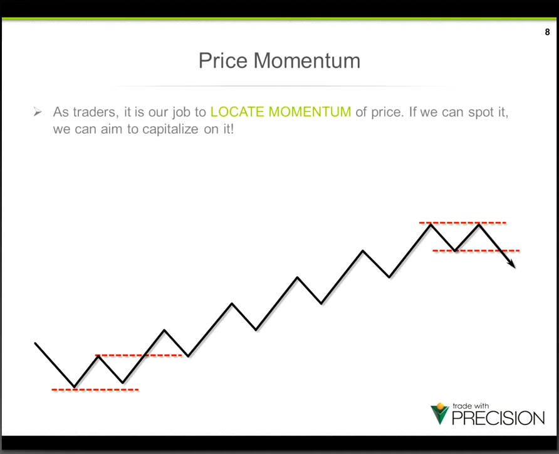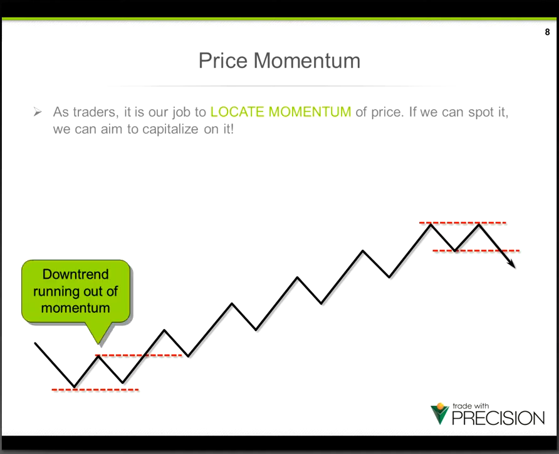You want to remember that price is king, and price tells us what others are doing in the market. Okay, you can't take billions of dollars out of a market and not have that activity show up in the price chart. Does that make sense to you guys? A lot of folks get really confused on that one, and they think that the market's rigged against them and other people know stuff, and that's just really not the case.